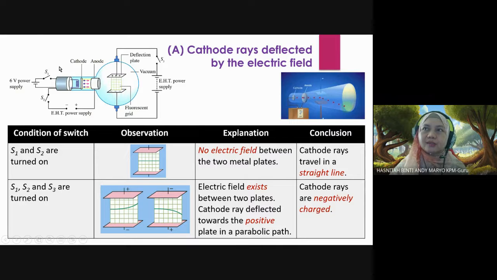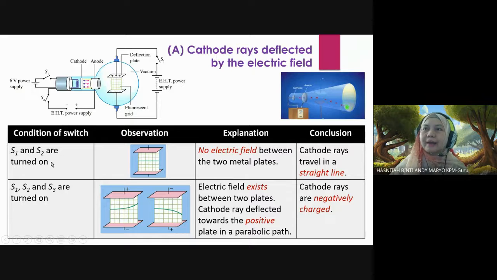This is the first switch S1, connected to the 6-volt power supply. The second switch is connected to the EHT. And another switch S3 is connected to the high voltage power supply connected to the deflection plate. The first EHT is connected in between the anode and cathode.